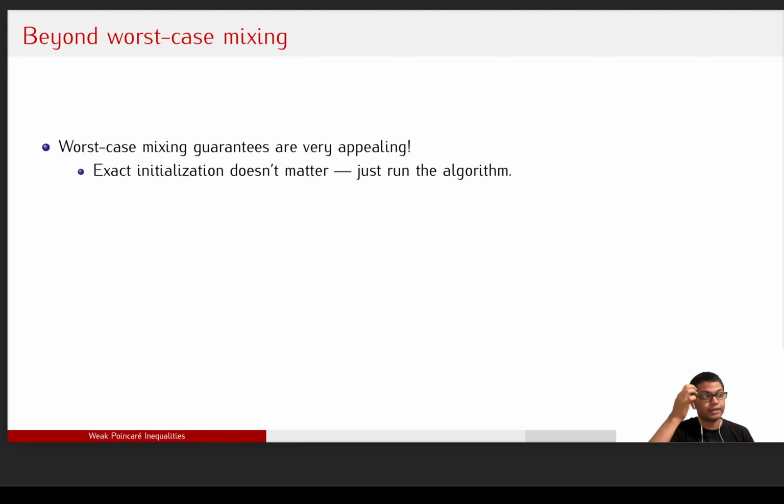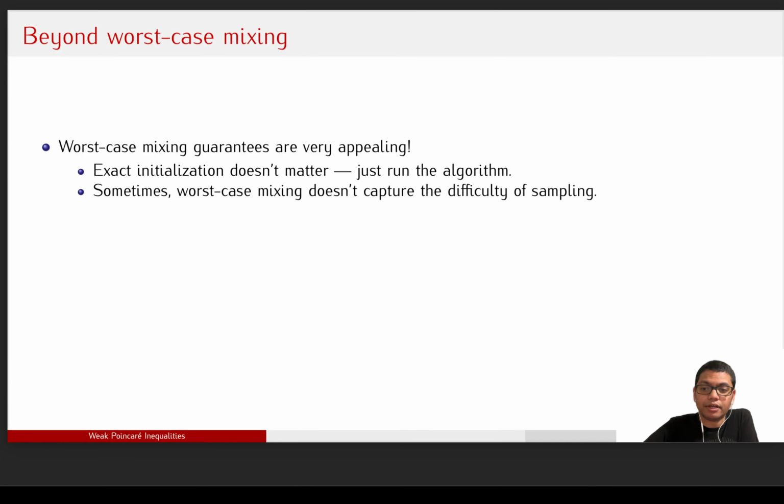Okay, so this sort of worst case mixing guarantee seems very appealing because it tells you that no matter where you initialize, if you run this algorithm, you do actually successfully sample from your distribution of choice. But actually, a lot of times, many Markov chains that we encounter both in theory and practice do not enjoy worst case mixing guarantees.